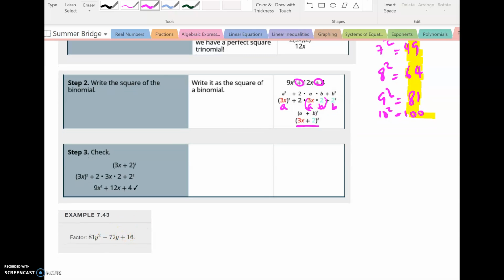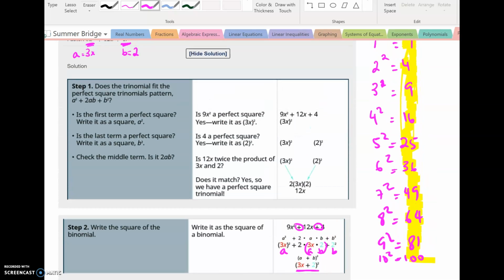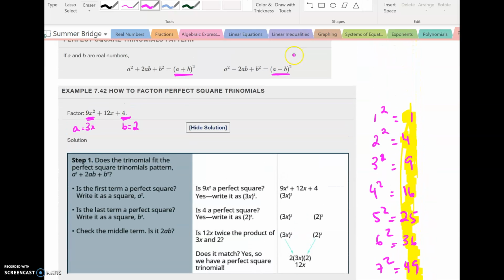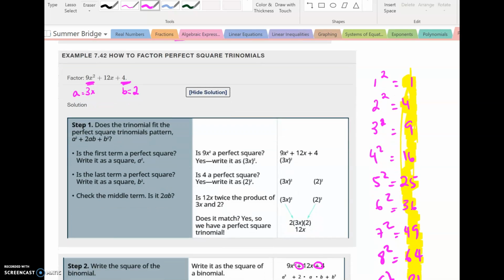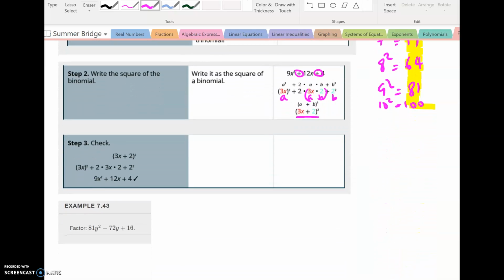If I'm looking at my rules from the beginning, it's going to be the second one, where I have a negative inside my parentheses squared. So I'm basically going to be doing a minus b squared. That's where I want to put it. So 81, really that's 9 times 9, or 9 squared.